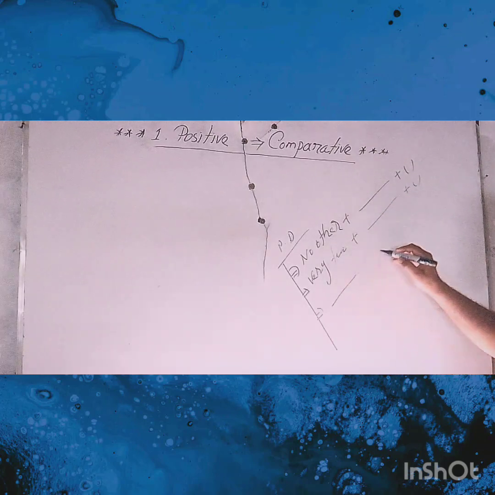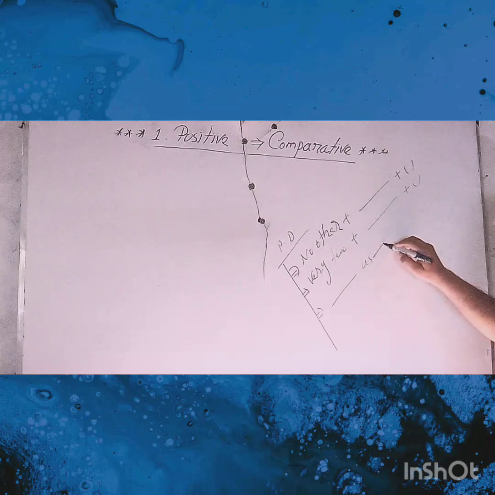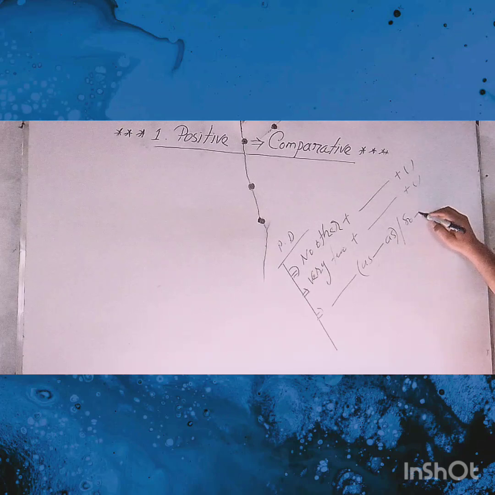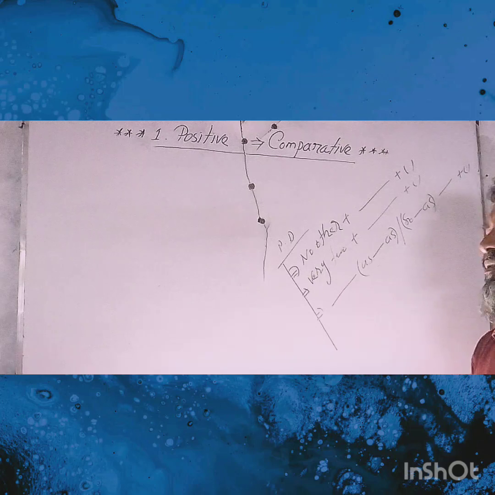And number three, any kind of statement mixed with 'as... as' or 'not so... as', and finally ended with a full stop. Okay, my dear learners, in these three ways we can select a positive degree.